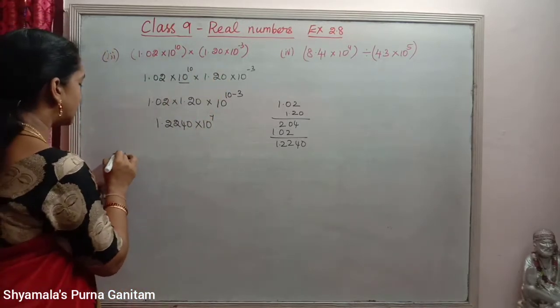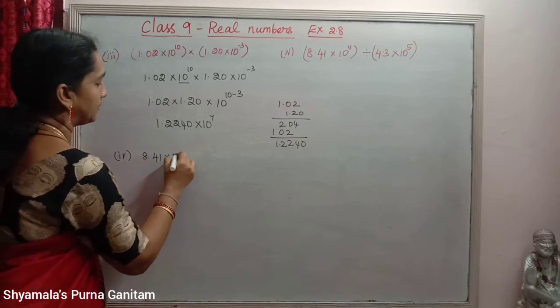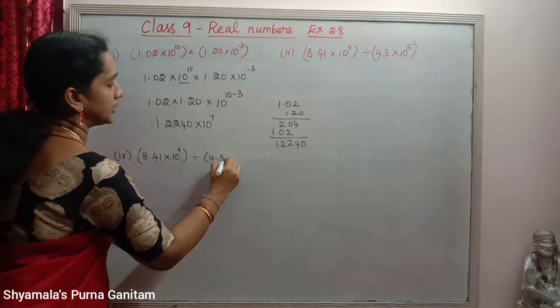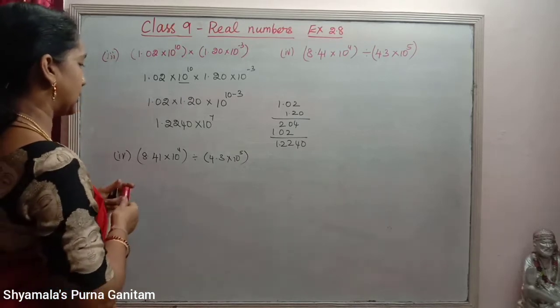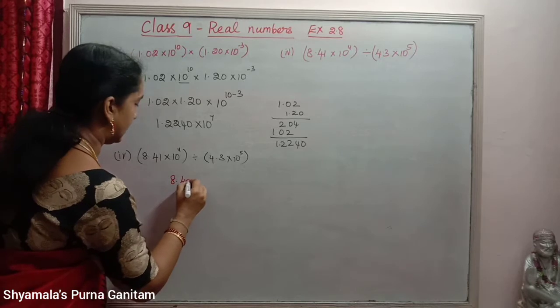Then the fourth sum is 8.41 into 10 power 4 divided by 4.3 into 10 power 5. This one is division, so we will write it in that form itself.